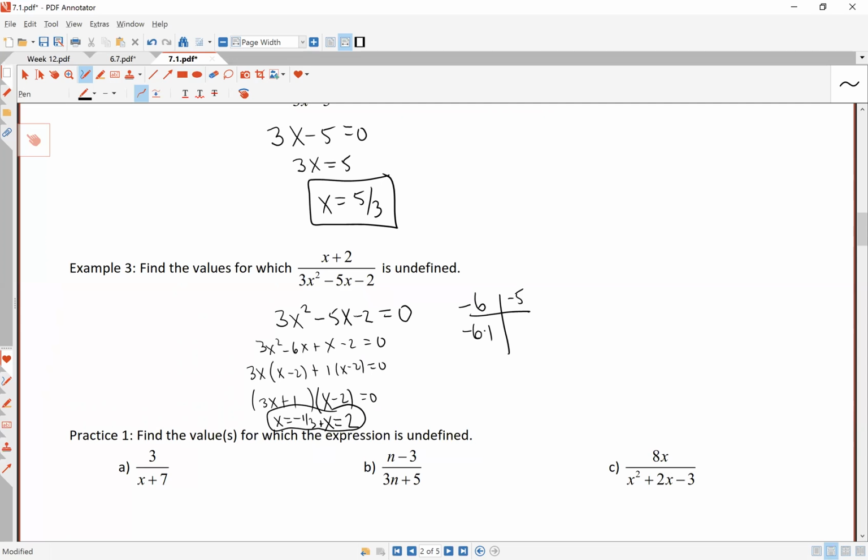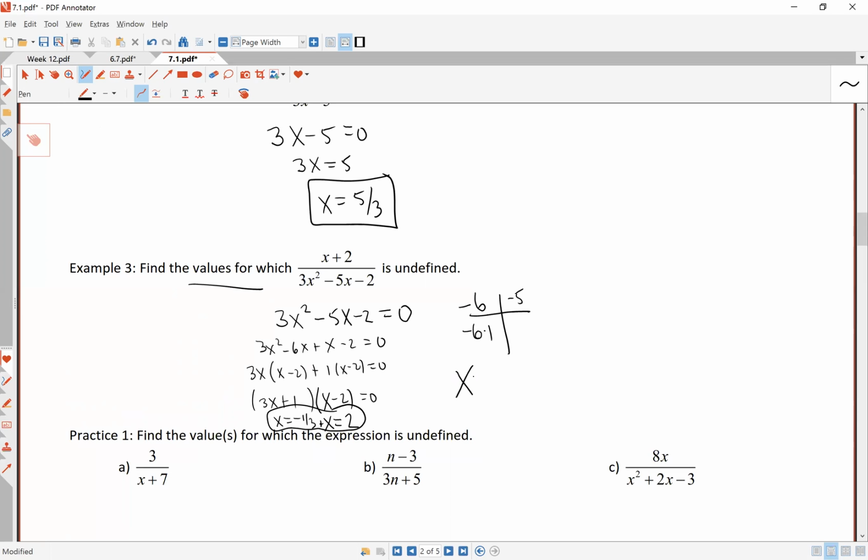But again, notice it doesn't matter what the numerator is. What happened to x? Well, Big Ellie, I'm not really sure what you're asking me there. What happened to x? We wanted to know the values for x that make it undefined.